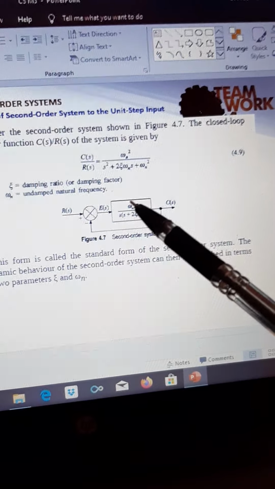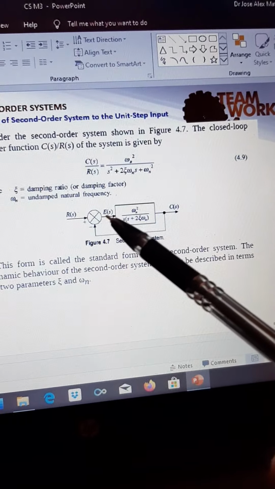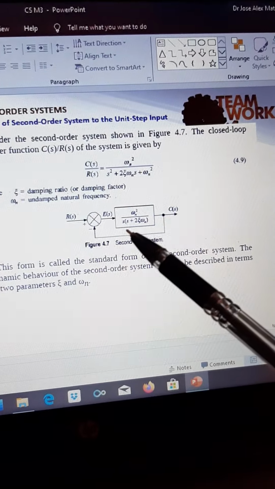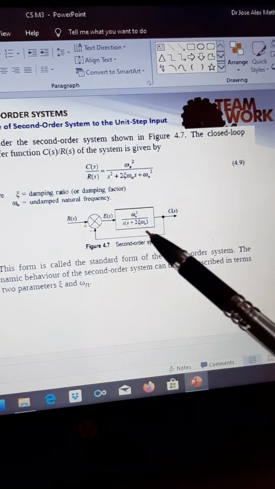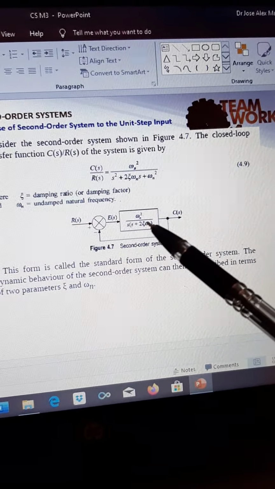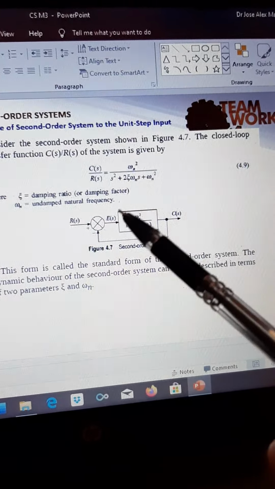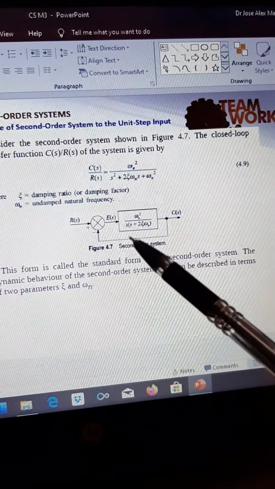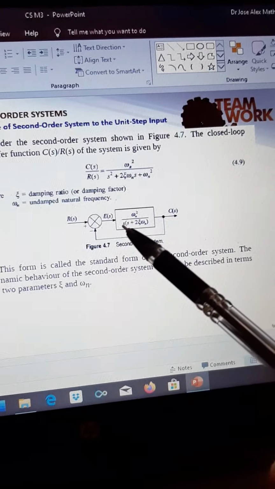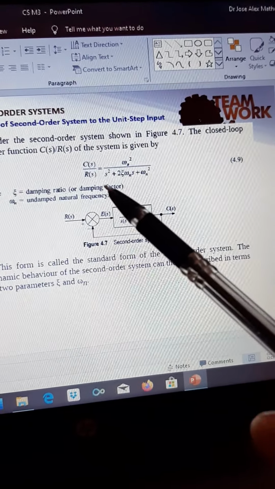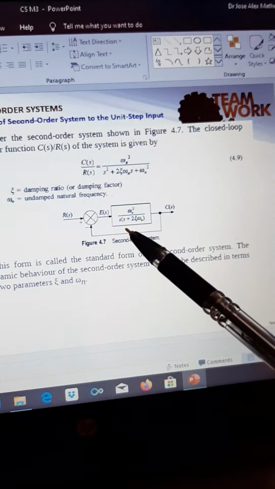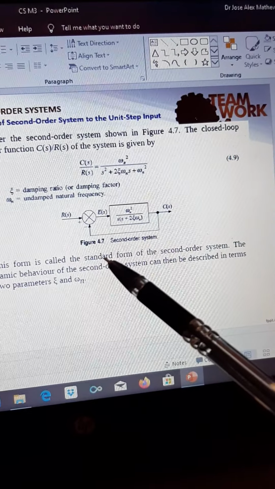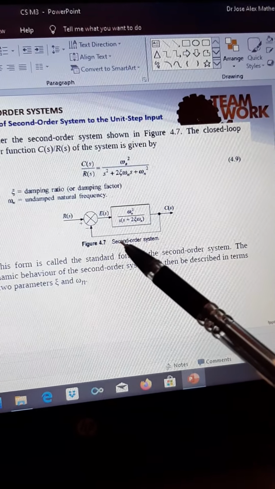C(s)/R(s) is this one. So here, omega n square divided by s square plus 2 xi omega n s. In the same way, for a unity feedback circuit, you will get C(s)/R(s) as this term divided by 1 plus this term into 1.